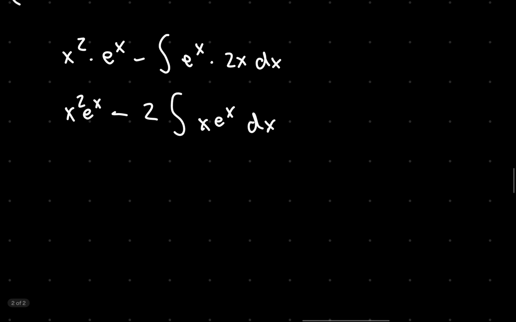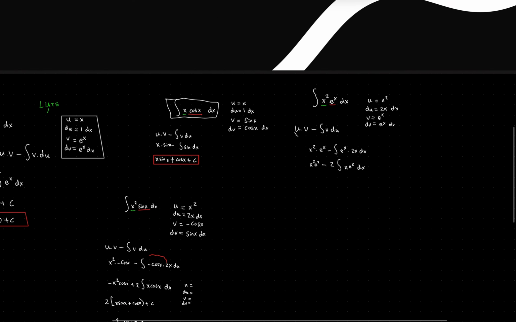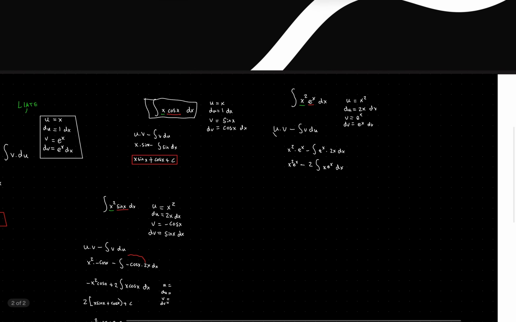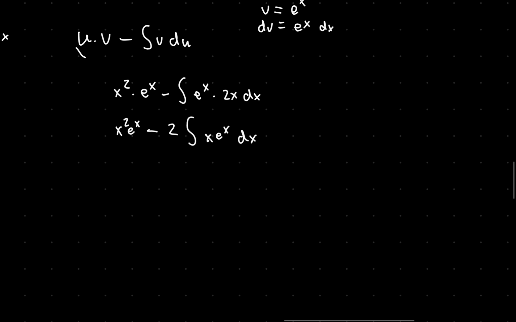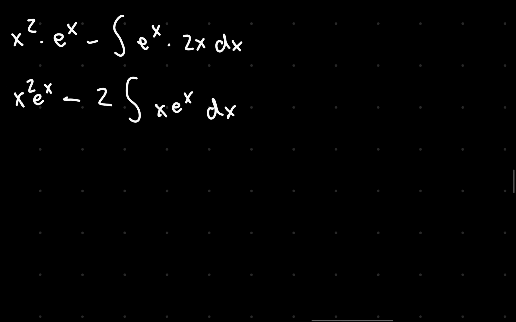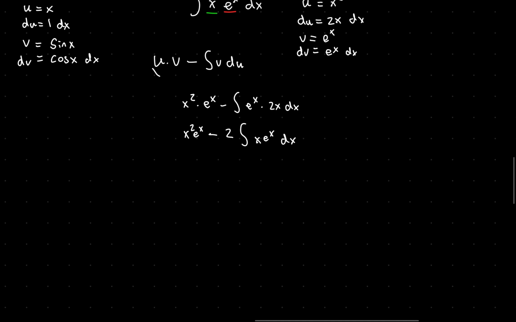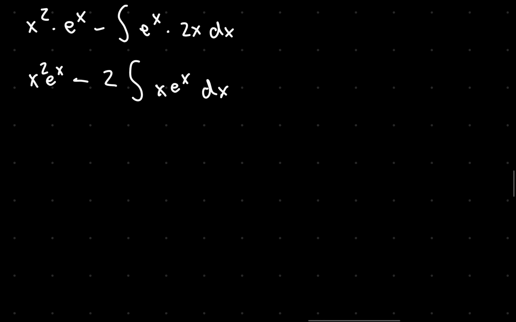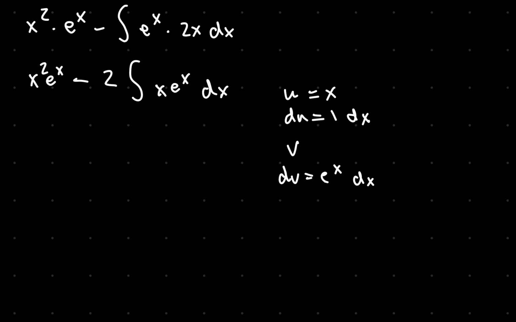Okay, and sure, this was problem 1, wasn't it? Yep. So we know this answer, but let's just run through it. Why not? So we know u is our x, dv is our e to the x, du is our 1 dx, and v is our e to the x.